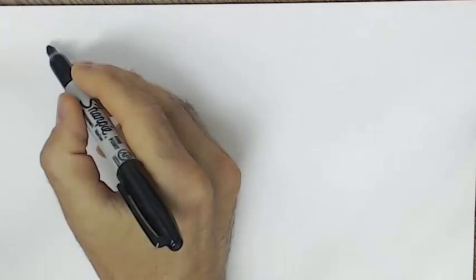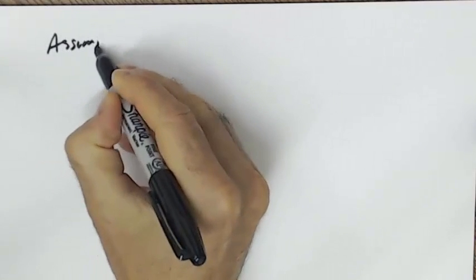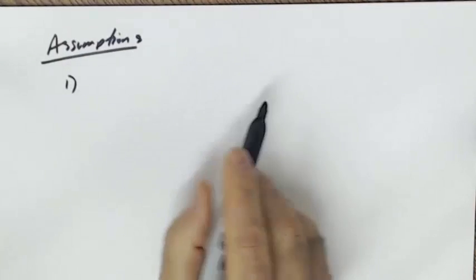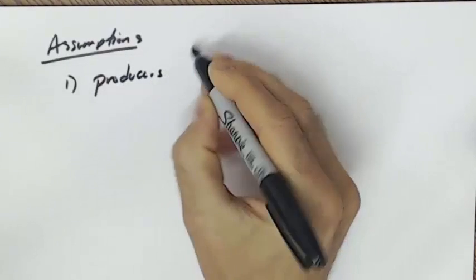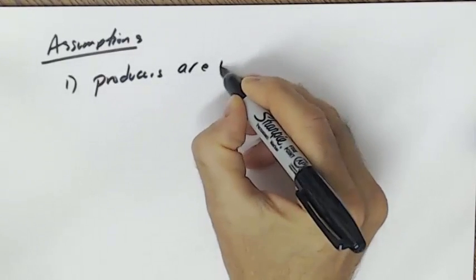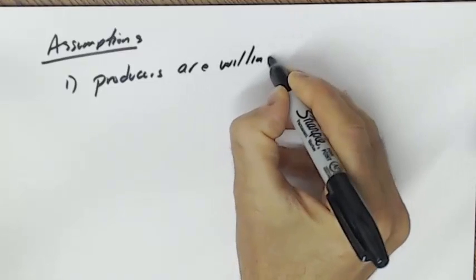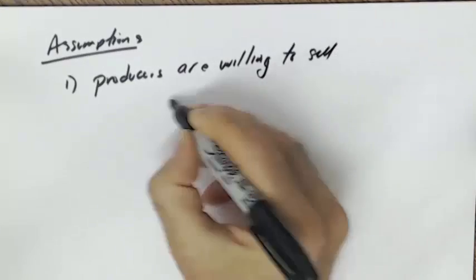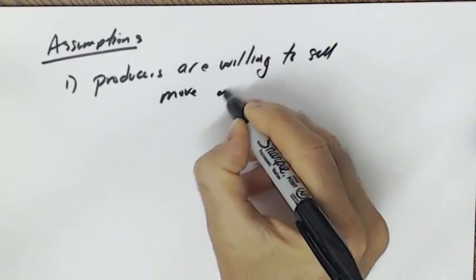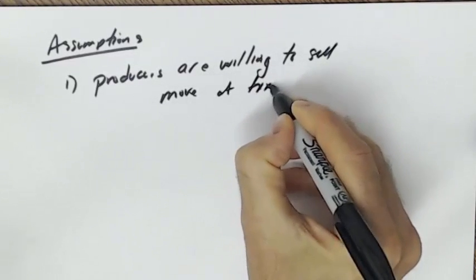Okay, so to start the multiplier process, we need to look at some assumptions. We need to put some assumptions in to make things simple. So here are the assumptions. The first assumption is producers are willing to sell more at fixed prices.